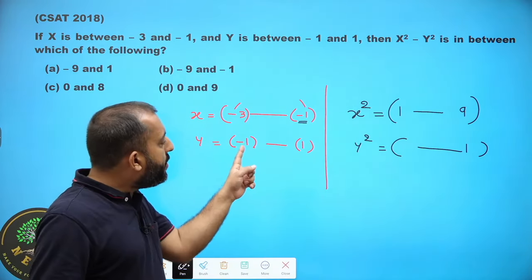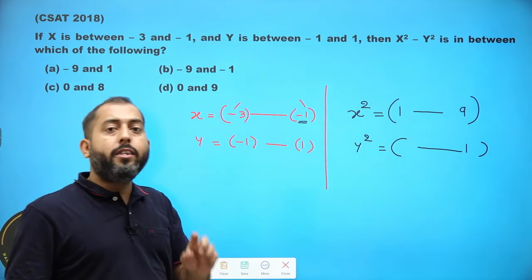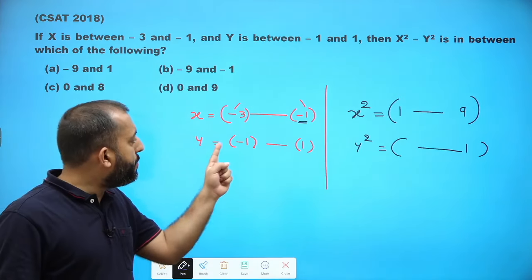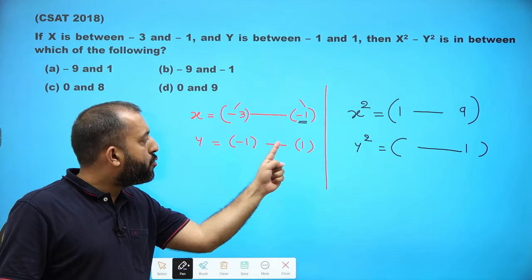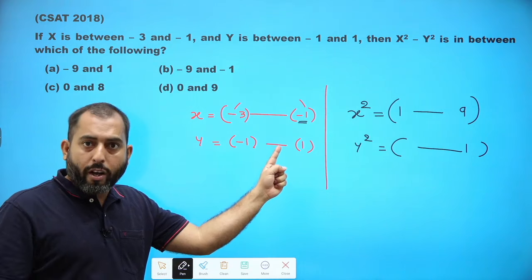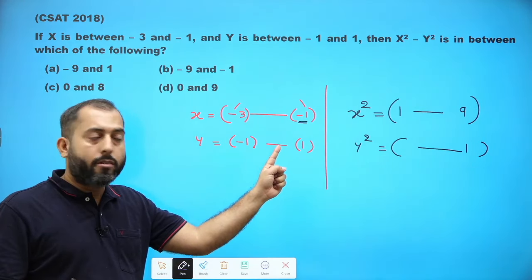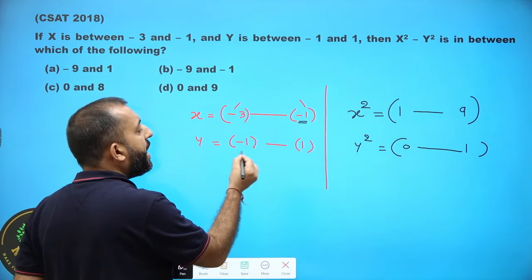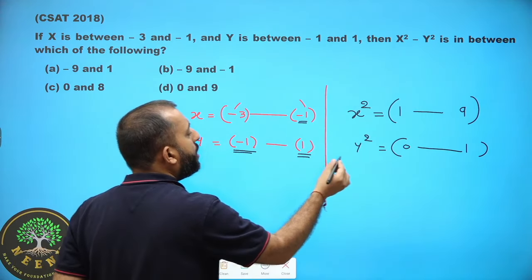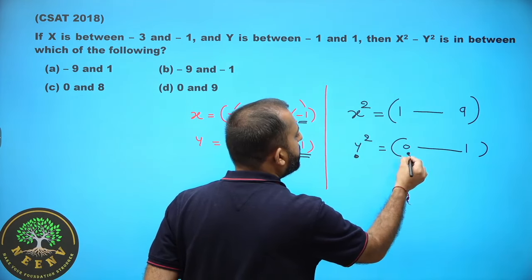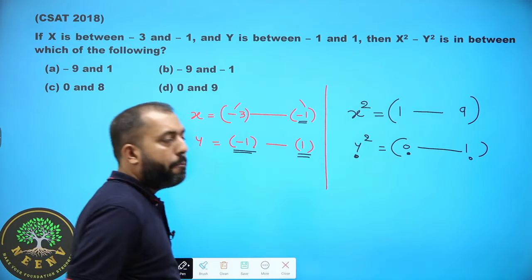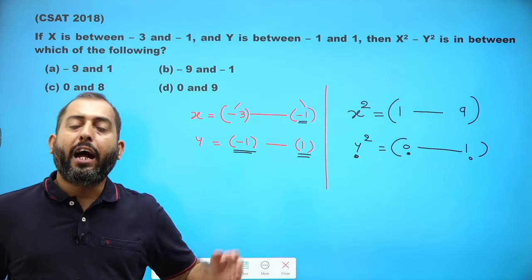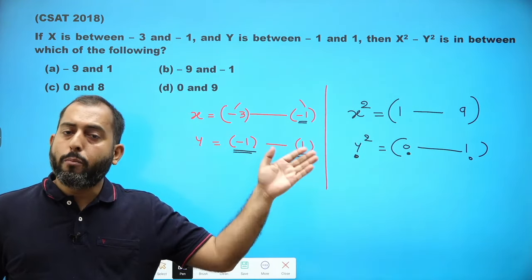Now, between -1 and 1, there is a value called 0. 0 will lie between -1 and 1. So if you do 0 square, that means 0. So if y lies between -1 and 1, then y square will lie between 0 and 1. Meaning, the value of y square can be anything lying between 0 and 1.